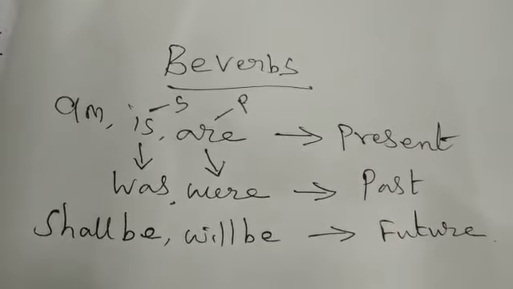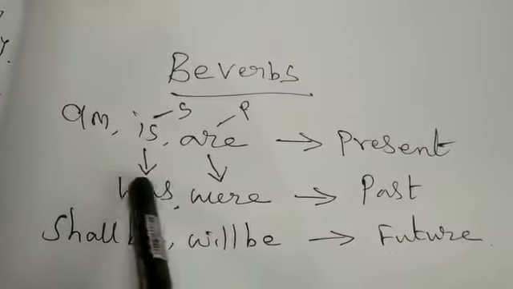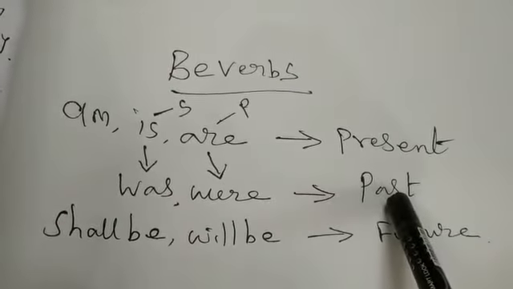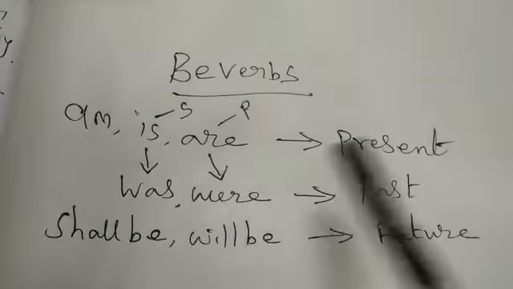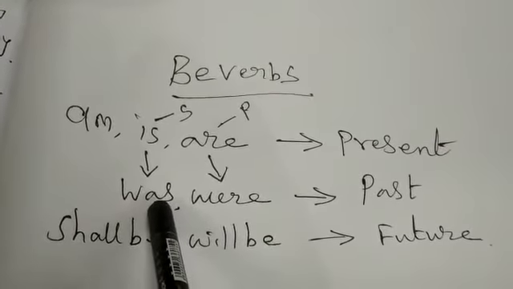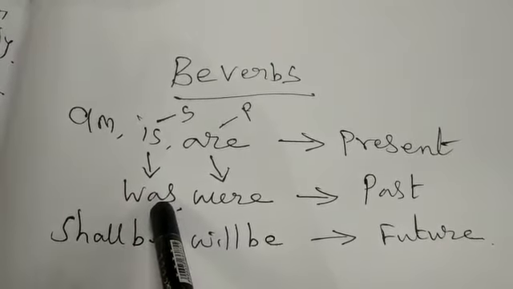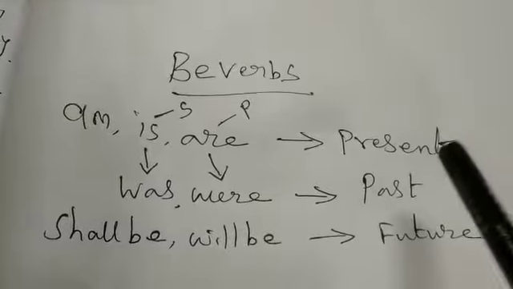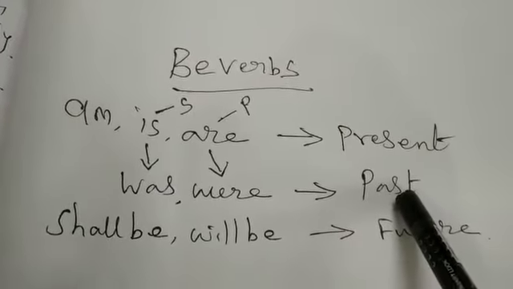He was coming. What tense? Was is past tense. Coming is V4, so continuous tense. Past continuous, because the be verb was comes before coming, so the sentence is called past continuous tense.